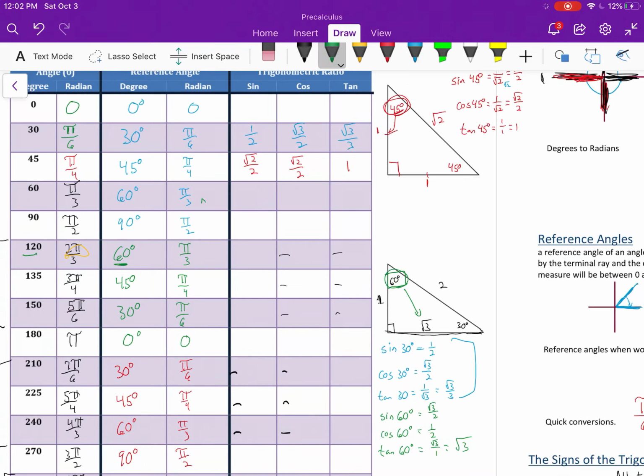And then for 60, sine of 60 is √3/2, cosine of 60 was 1/2, and tangent was √3. So we found the trig ratios of those angles. Again, we found them in degrees, but they definitely match up if you have things in radians as well.